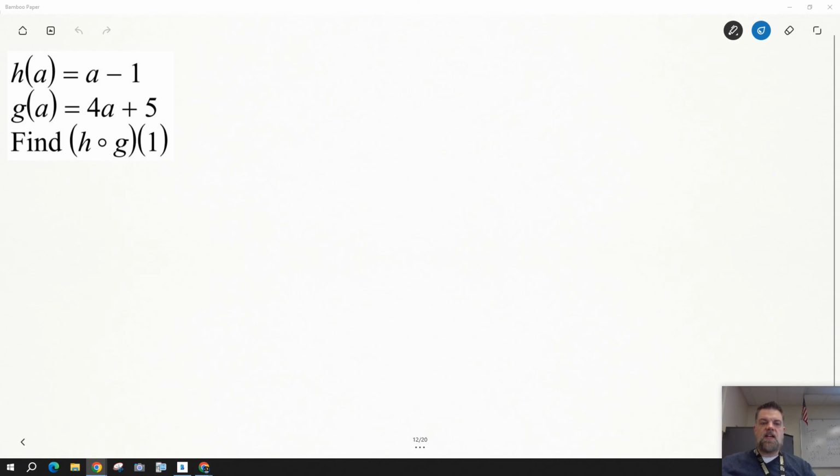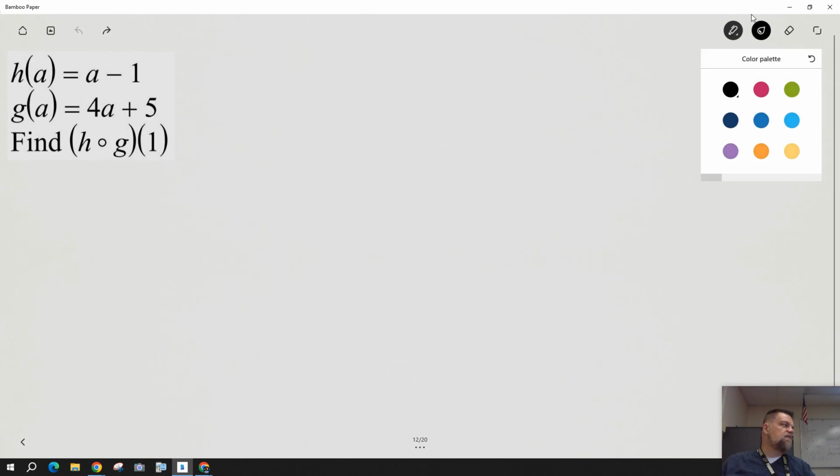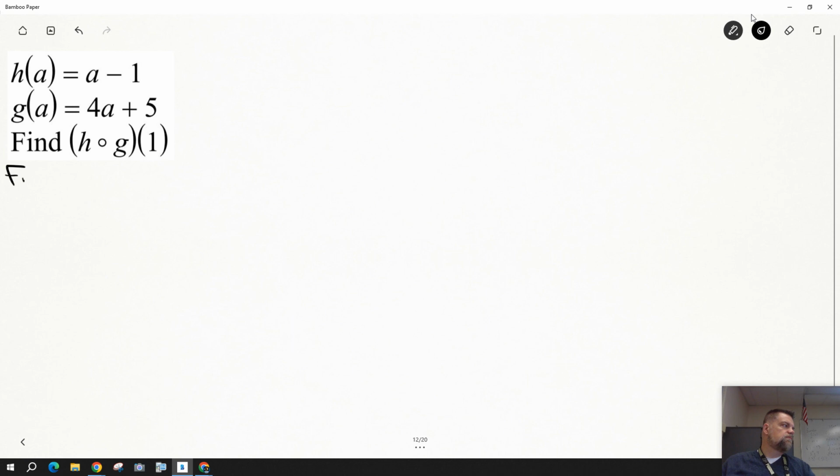But also you got to kind of pay attention to the explanation. So there's that. For this one, one of the things I was going to talk to you guys about is that when they say find this, really what they're asking us to do is to find h of g of x evaluated at 1.